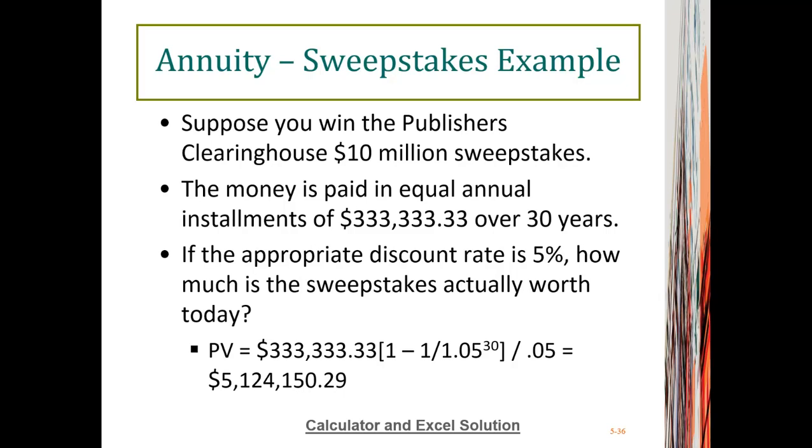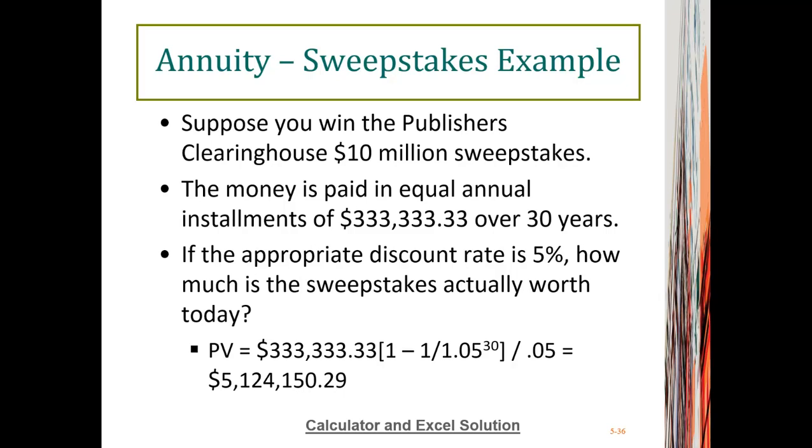If the discount rate is 5%, it asks you how much is the sweepstakes actually worth today. Here you need to calculate the present value of that annuity, which has $333,333 every year for the next 30 years.